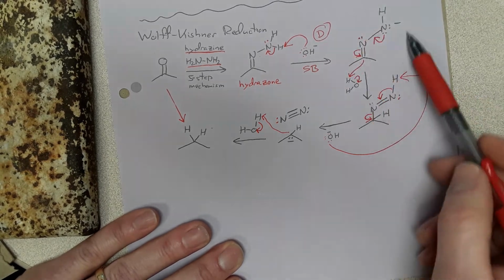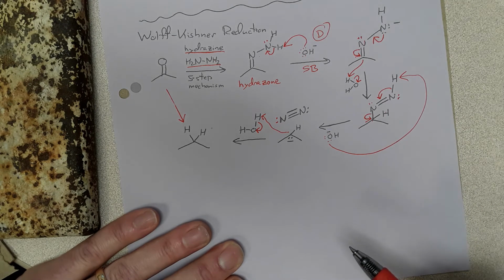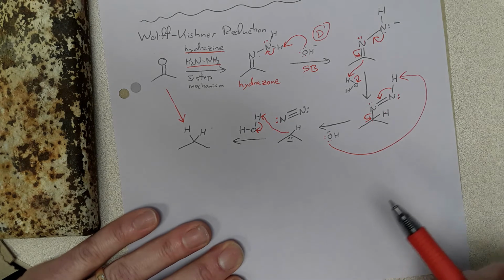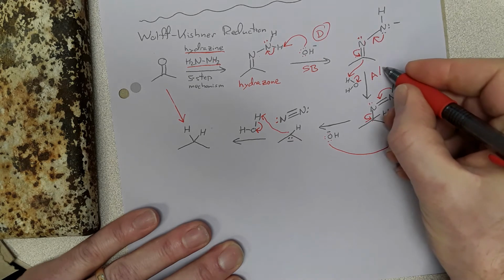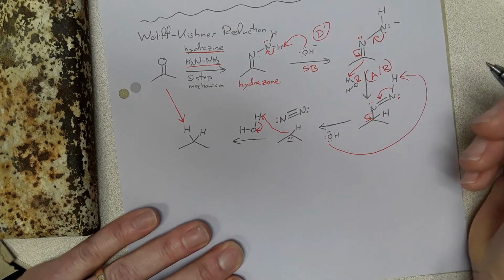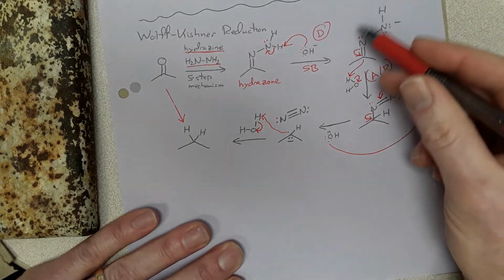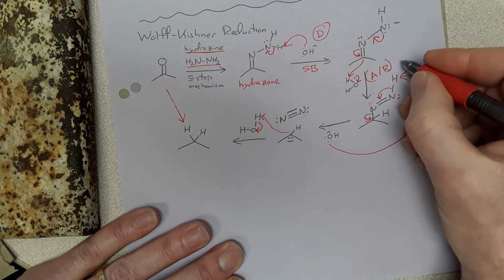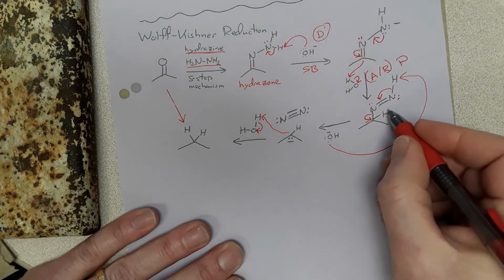So this is acting as a base, and water is acting as an acid, and so this is an acid-base reaction. Or if you're just looking at it from the perspective of this base, it is a protonation because we've added a proton, we've added this hydrogen on there.